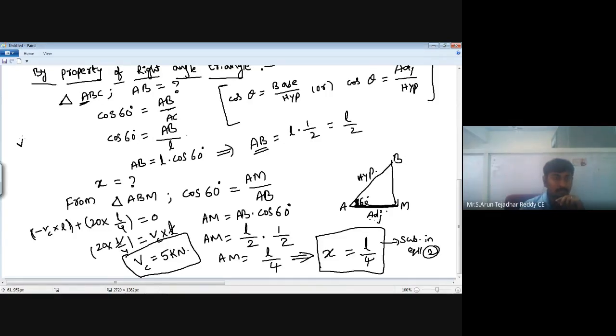That is VA plus VC is equal to 20. VA plus 5 is equal to 20. VA is equal to 15 kilonewton.